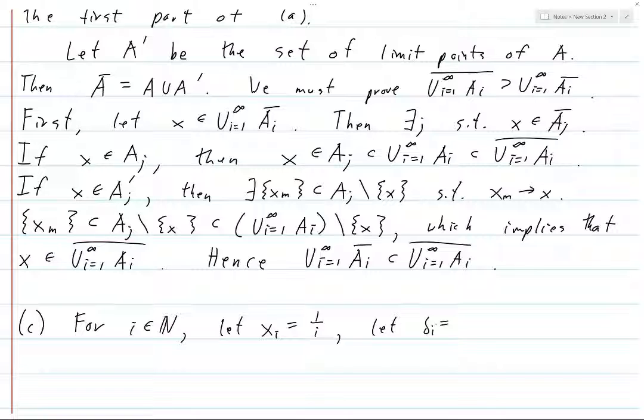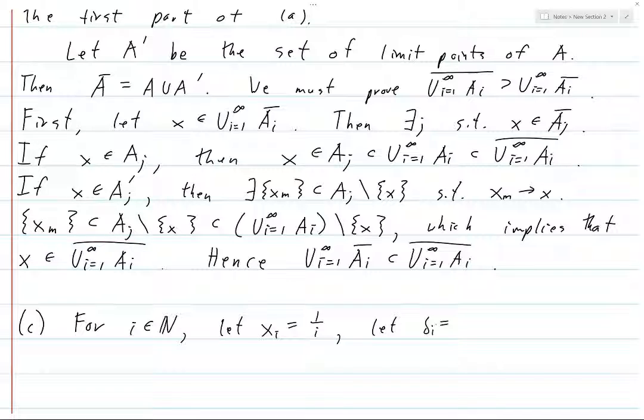And we know that if you start to go out from xi, the first elements of the sequence that you'll run into are xi plus 1 or xi minus 1. And because of the properties of the function 1 over x, you know that the distance between 1 over I and 1 over I plus 1 will be smaller than the distance between 1 over I and 1 over I minus 1.